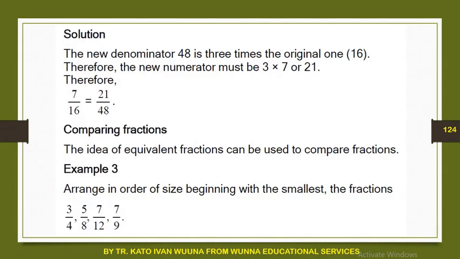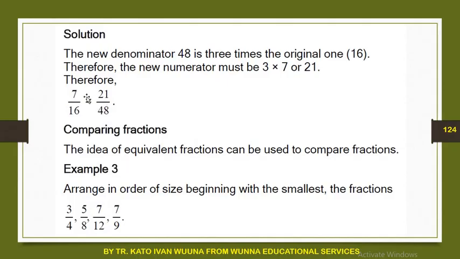That means that the 3 will multiply the numerator and the denominator. So after getting how many times is the new denominator multiplying the old denominator, which is 3 times, now that 3 will be our common factor. So we shall multiply the numerator by 3 to get 21, and we multiply 16 by 3 to get 48.